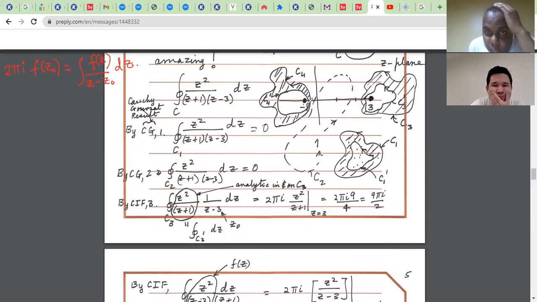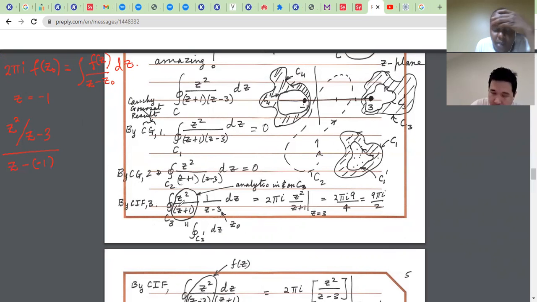On curve 1, Z0 is -1. So this function, Z squared over Z plus 1 over Z minus 3, divided by Z minus -1.